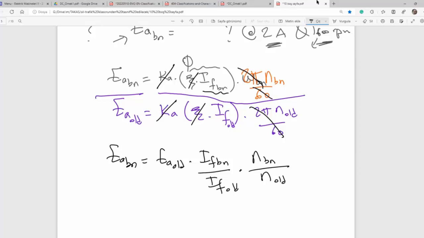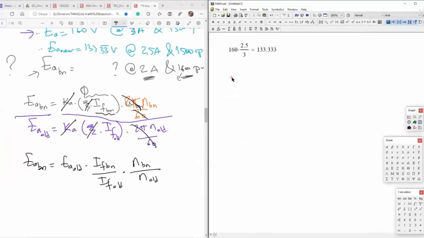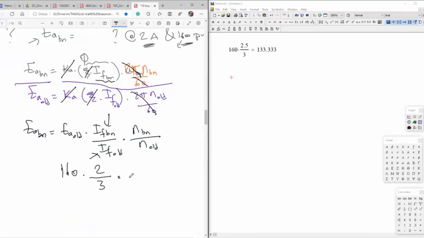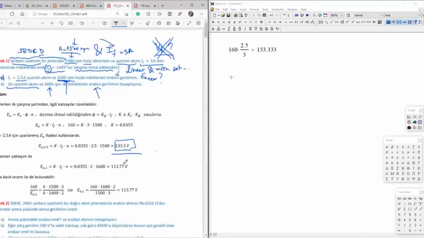Let me calculate. Armature old value was 160. Brand new value is 2 amps. The old value, the initial one, was 3 amps. It was 1500 RPM, and the final value is 1600 RPM.